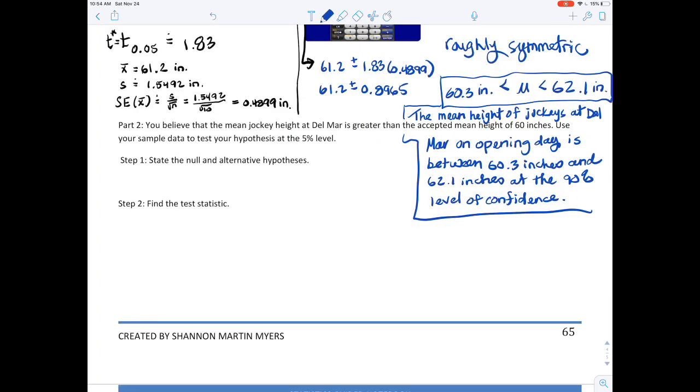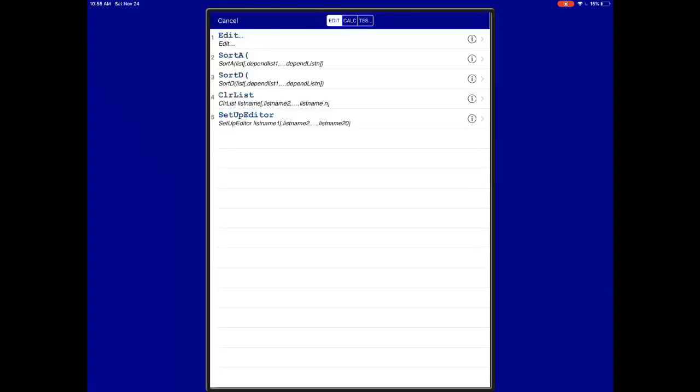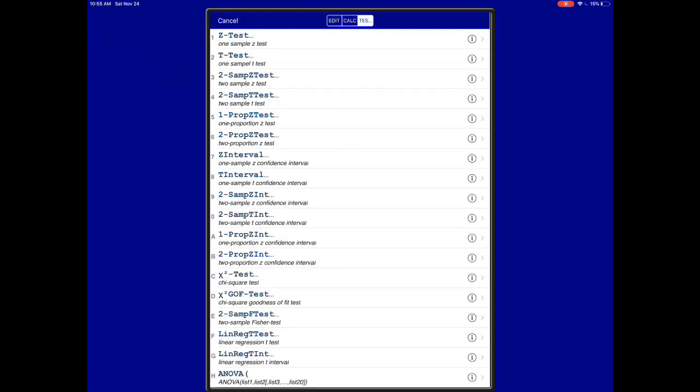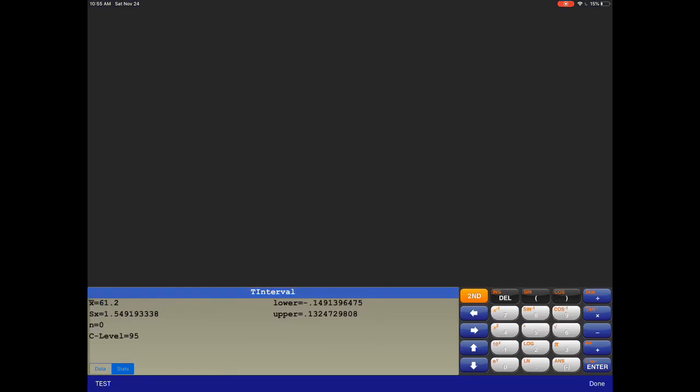So how would we go straight to the confidence interval on the TI-84? Stat, test, and do you see how it gives us our interval? So this is a one sample t confidence interval, that 8th selection, all right? And look, it already had our data. Isn't that awesome? It had all of our data and what level of confidence we're looking at. But here, do you see that it's not the same level of confidence?